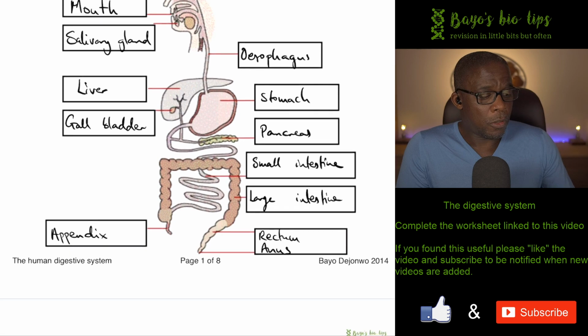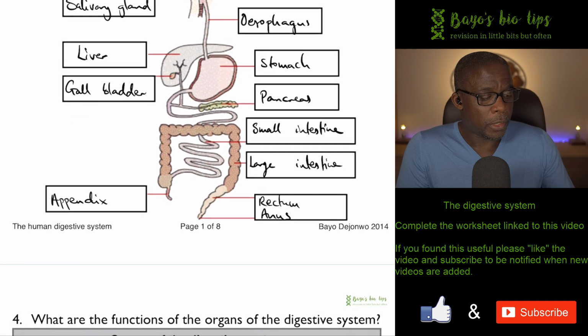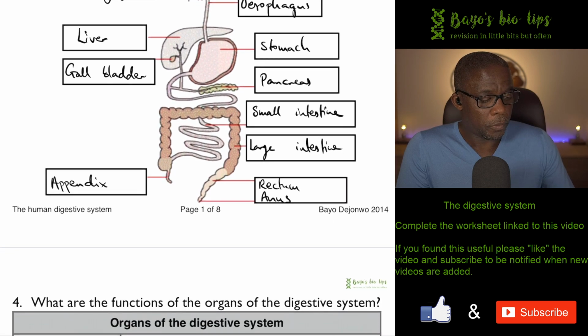Okay, so on to the next page. On the next page, we're going to be looking at the functions of all of these structures that we've labeled on the diagram. So we need to think about what their functions are. I'll give you 3 minutes this time.